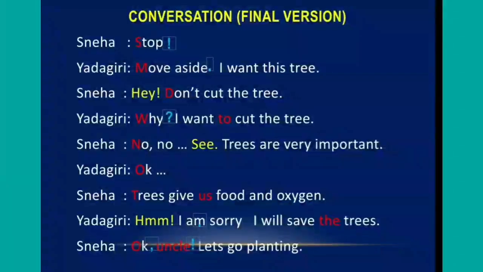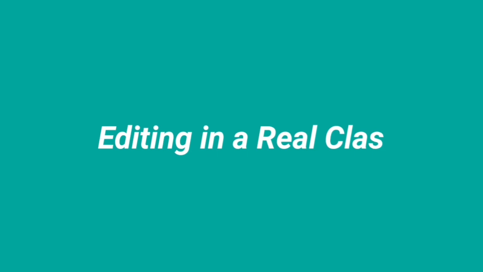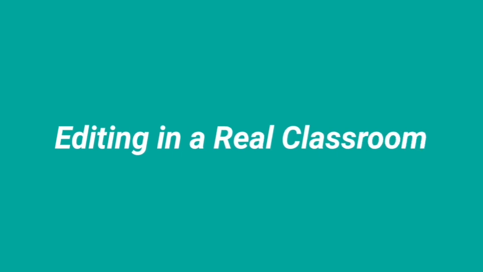Here it is, children. Now we can see that we have taken some expressions from the teacher's version like hey, see, and when we read the conversation after these editions, the conversation seems to be a lot better than the previous versions. Let's see the editing process in a real classroom.